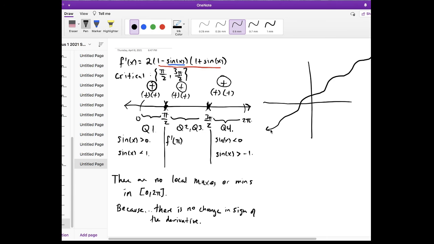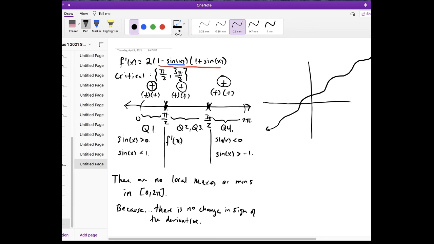So it never dips down. Okay, any questions on that? Okay, so again, first derivative test is pretty much the same as the increasing test, but you're kind of analyzing from there.